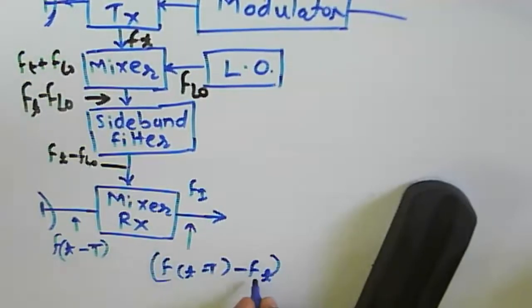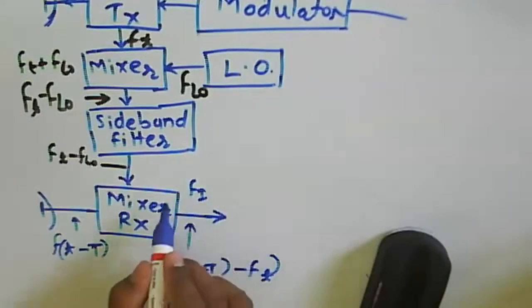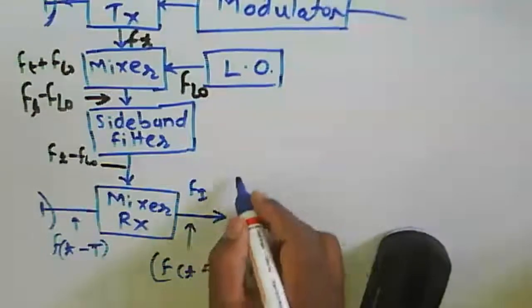That is the signal we are getting, and that signal frequency is called the beat frequency. So at that place we get a beat frequency signal.